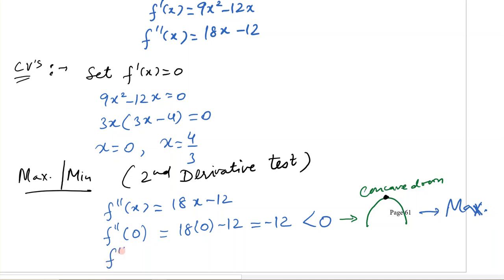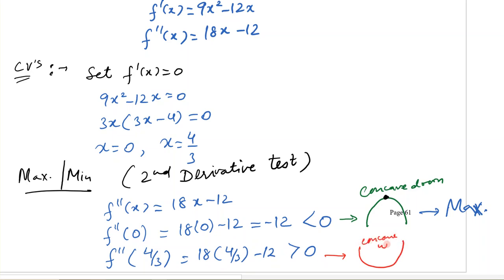Similarly, if I plug in x equals 4 over 3, I get 18 times 4 over 3 minus 12. When I solve it, I'm going to get a positive value. Positive value means concave up, so this would be a point of minima.